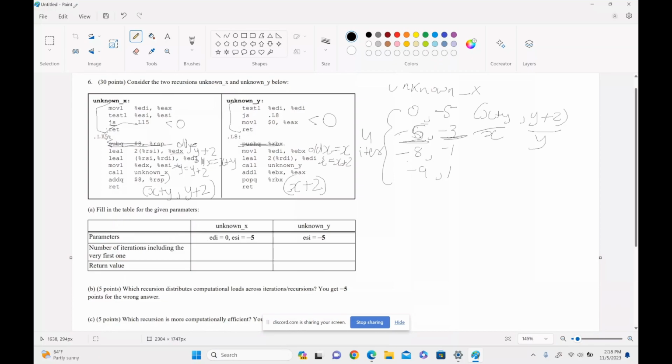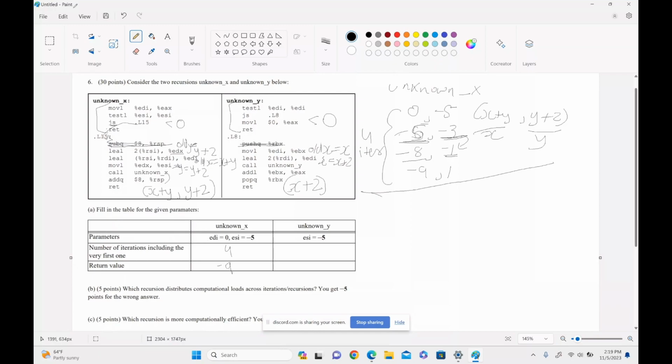And it goes the same way. Now for the next line, the X value is -5 and Y value is -3. So we add them and we get -8. And over here the Y value is -3, so -3 plus 2 is -1. That's how you do it. So this is 4 and this is -9.